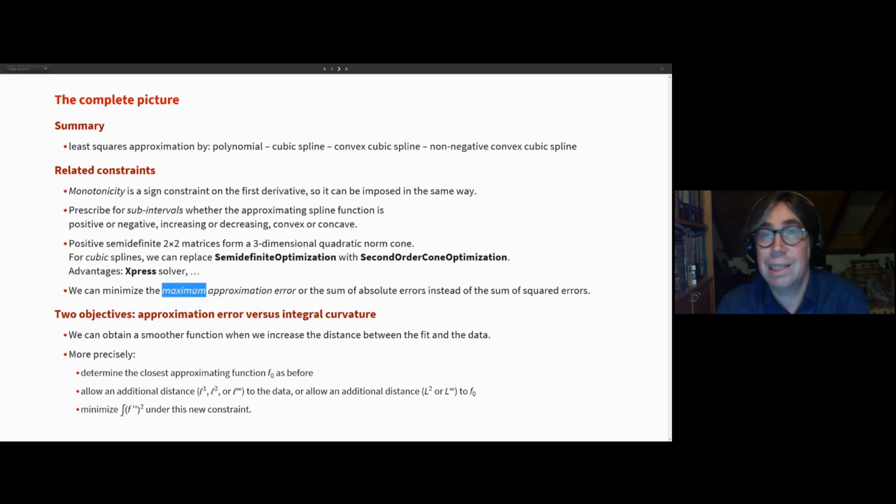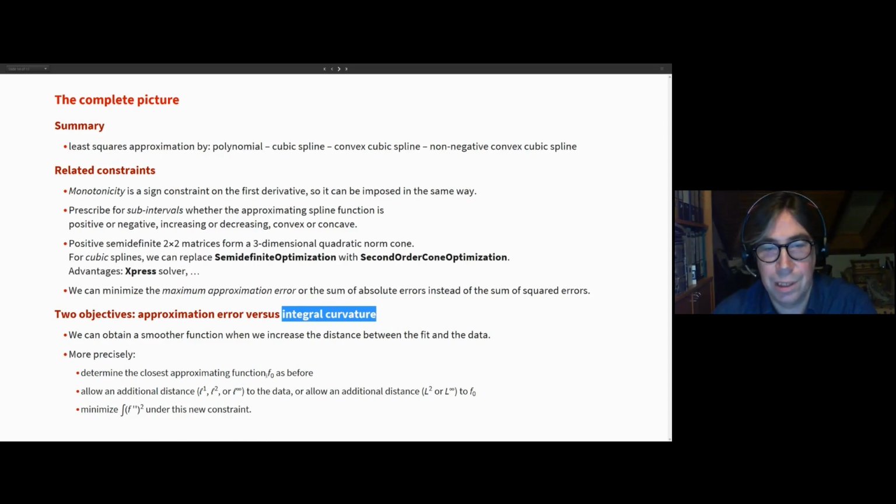And we can add a second objective, namely the integral curvature. We could further smoothen the result by allowing a larger error and minimizing the integral curvature instead, as I wrote down here.